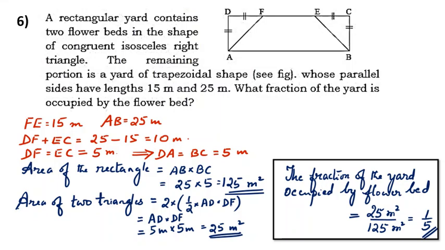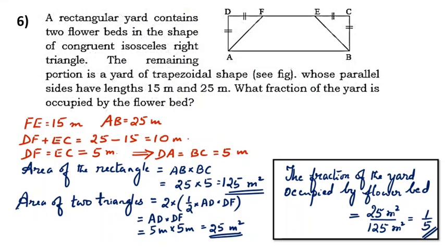Now, I am using the same idea. DF plus EC. I want to see what is DF and EC. First see AB. From AB, DF and EC, I am cutting. AB and CD are equal, correct? Yes, they are rectangle opposite sides. So instead of AB, I will take now CD. AB is same as CD, no? So from CD, I will cut off two equal sides of the triangle, DF and EC.